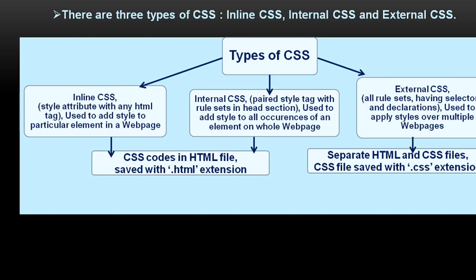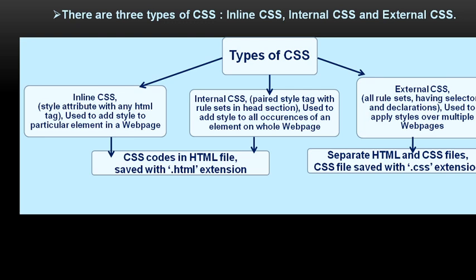So in this case we use style attribute with an HTML tag. So whichever tag of HTML we want to add styles, we have to use style attribute along with that HTML tag.